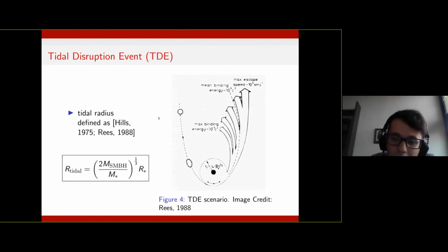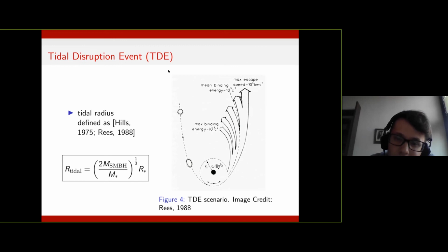The forces due to which this happens are of tidal character, and that is why this distance is called the tidal radius. It was first noticed by Hills in 1975 and Rees in 1988, and is given by the mass of the supermassive object at the center and the mass of the star and its radius.